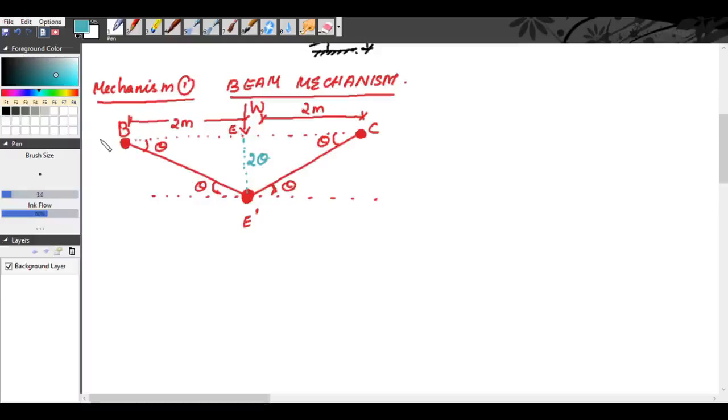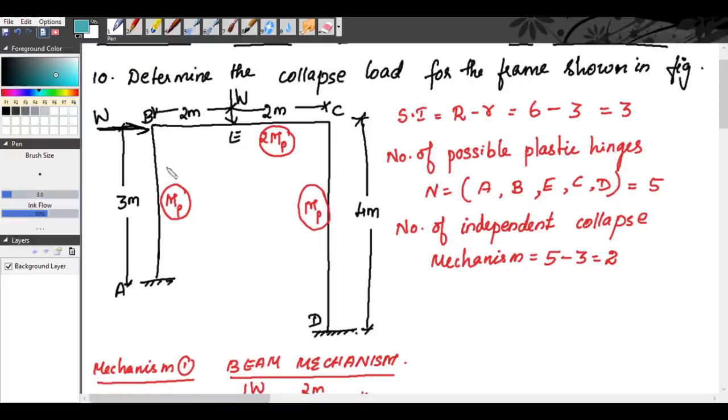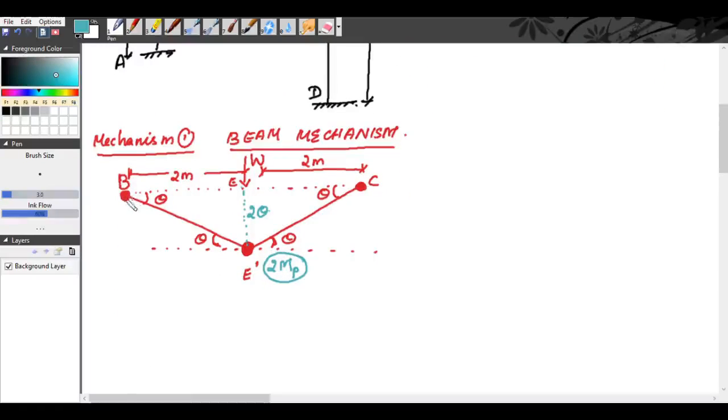Now the plastic hinge at E is 2 MP because for the beam it is 2 MP. For these joints you have to take the least of the plastic moments. The least between this beam and this column is MP. Here also it is MP. So at B there will be a plastic moment of MP, and at C the plastic moment is MP. So totally 3 hinges.